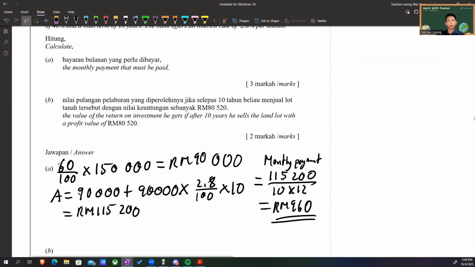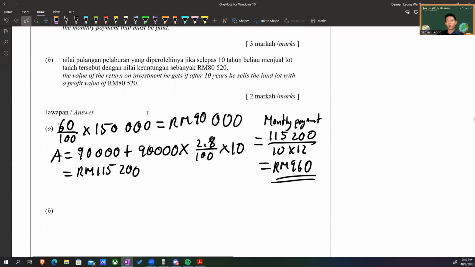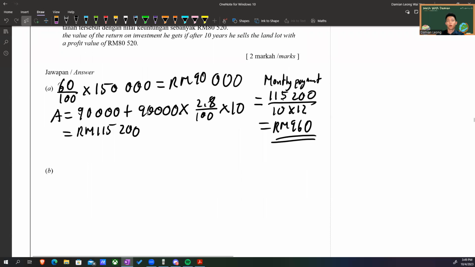Part B, the total return on investment he gets if 10 years later he sells the land with a profit value of 80,520. So what I want to calculate is the return on investment, ROI, which is the profit, the amount of returns, over the cost.